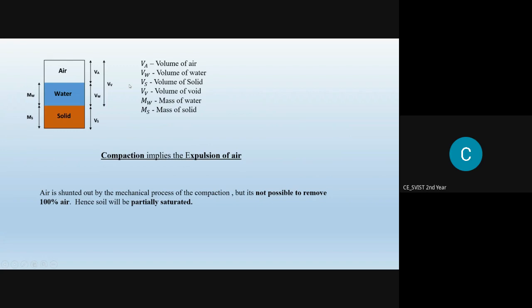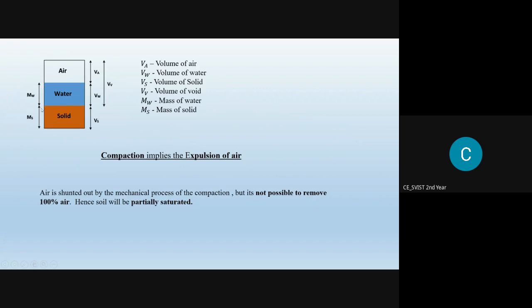See, we have said that soil is made of soil particles or solid particles, water, and some air bubbles. So we can represent the soil mass like this: soil particles, water, and air.